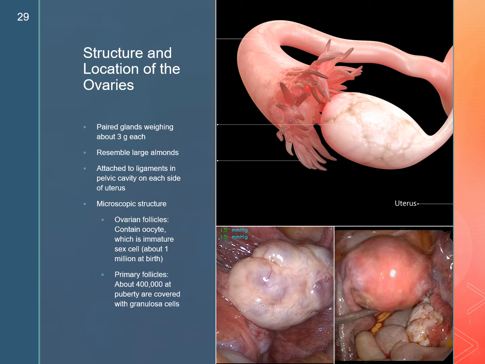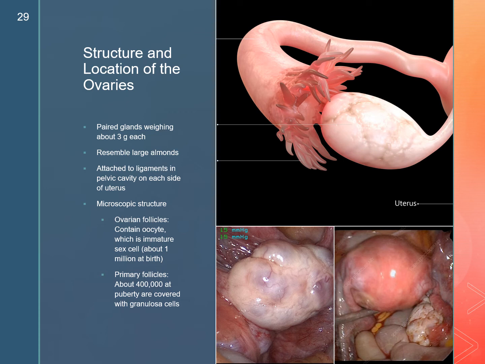On the bottom left, this is a close-up of what a real ovary would look like. And on the bottom right, you're looking at the fundus, or the top of the uterus, and you can see the tubes and also an ovary there, that white structure on the right side attached to the tube. So just to give you an idea of what it looks like in a real human.